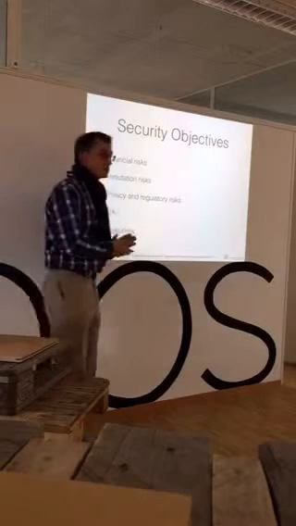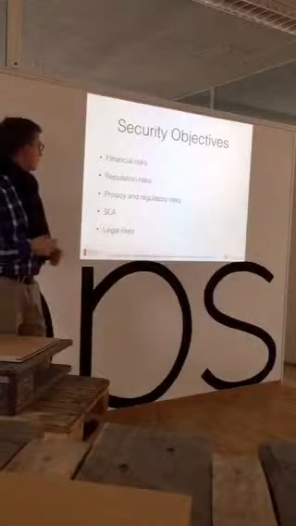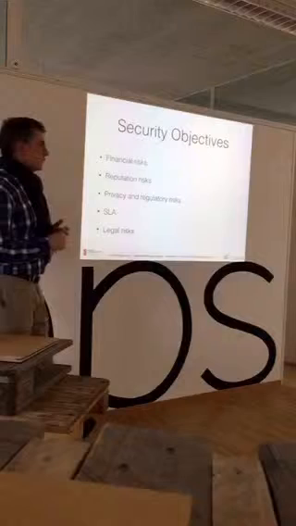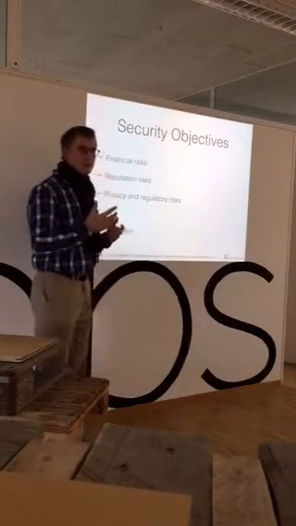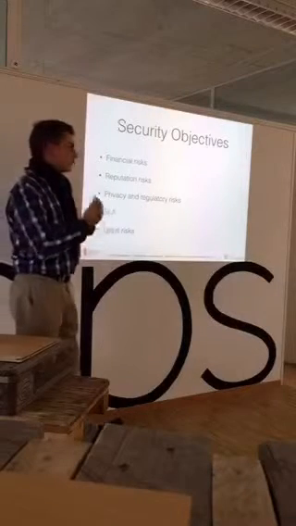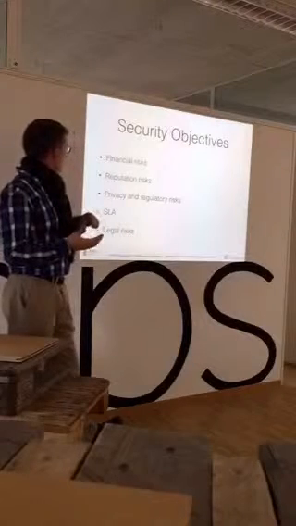For instance, if you are a bank, you have to comply with a lot of privacy and regulatory rules. If you deal with credit card numbers, you have to comply with rules from the credit card issuers.